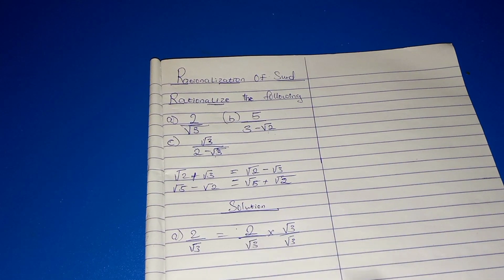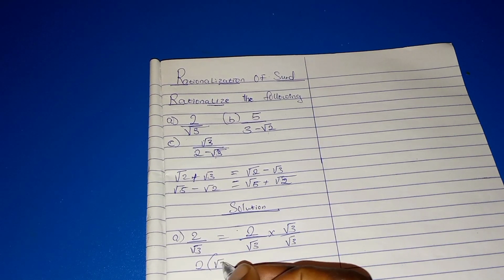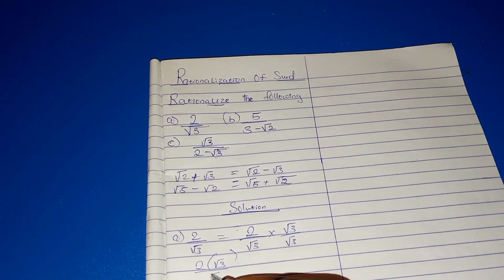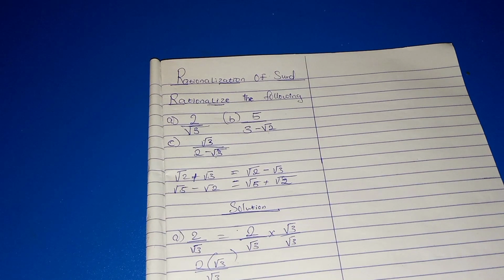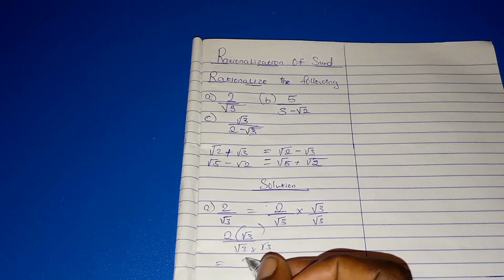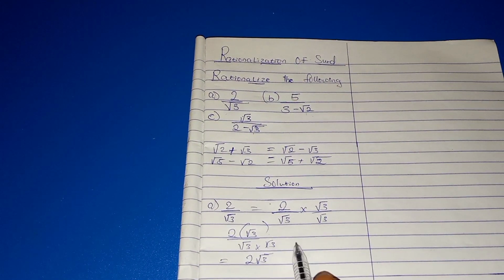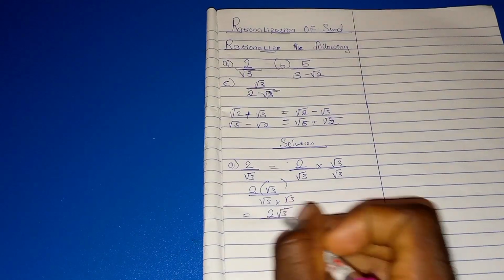So we have 2 root 3 over root 3 multiplied by root 3. 2 multiplied by root 3 leaves us with 2 root 3. Root 3 multiplied by root 3 leaves us with 3.